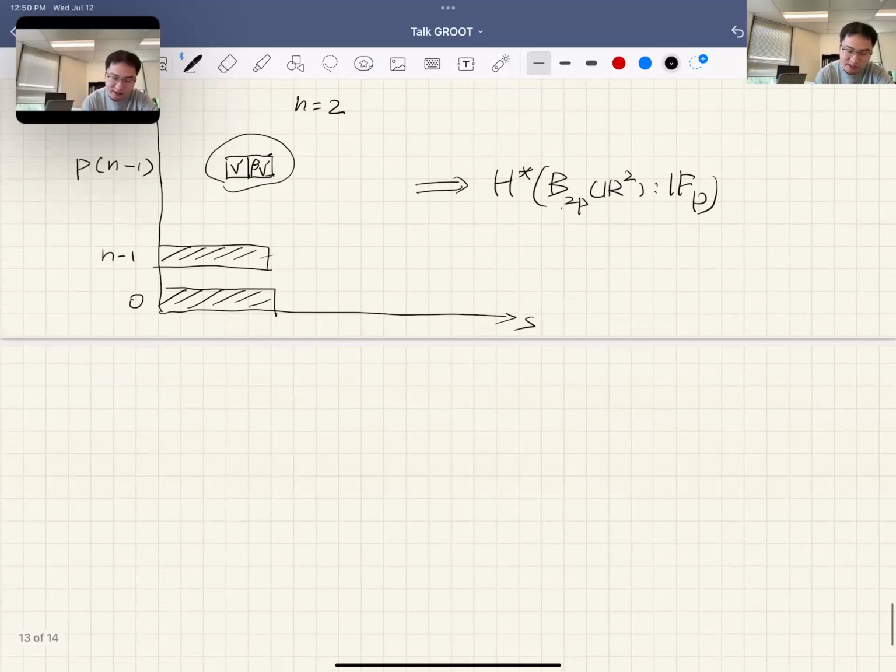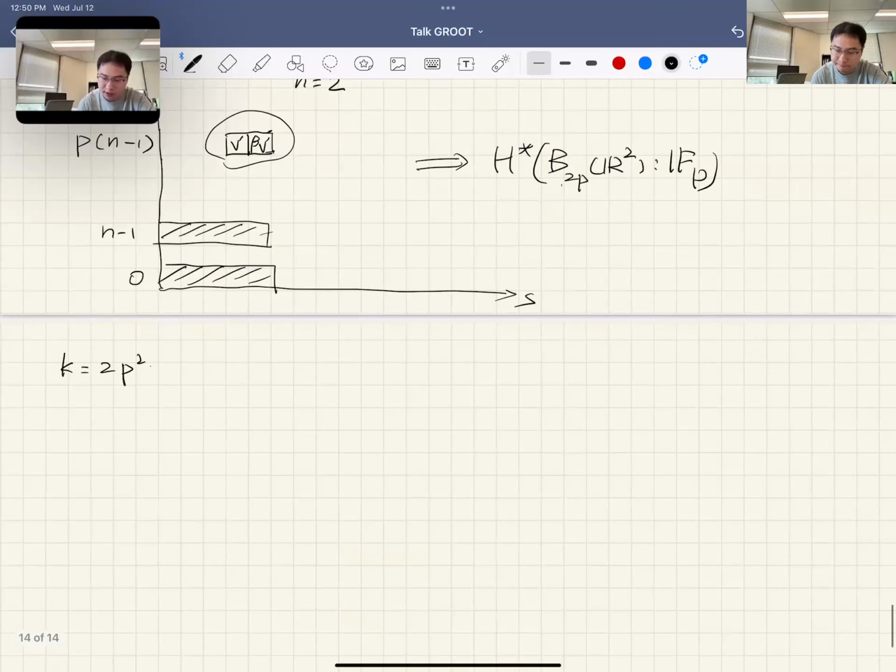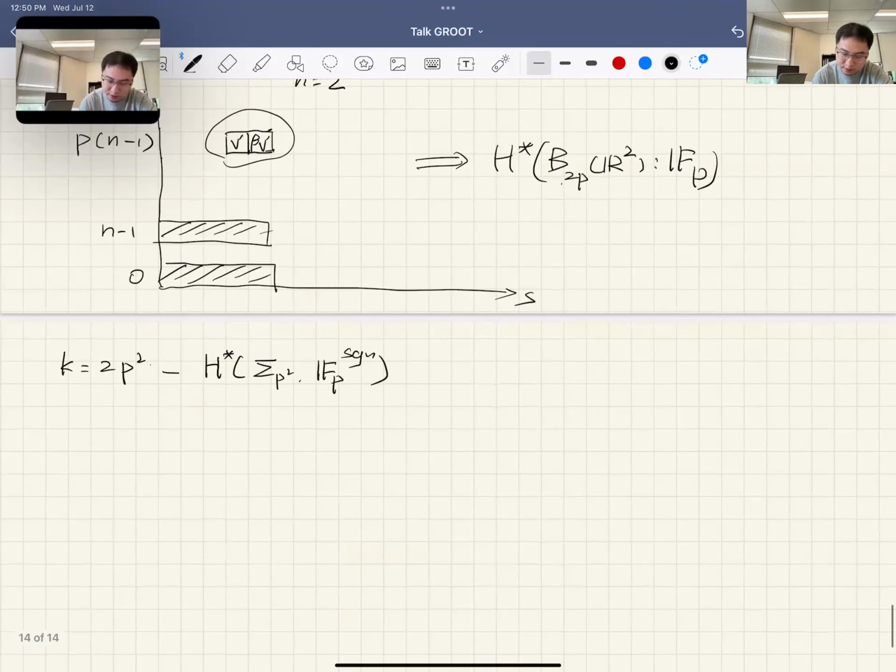So the next interesting case happens at k equals 2p squared, where there will be a new cohomology class arise, which is related to the cohomology of sigma p squared with the coefficient of the sign representation.